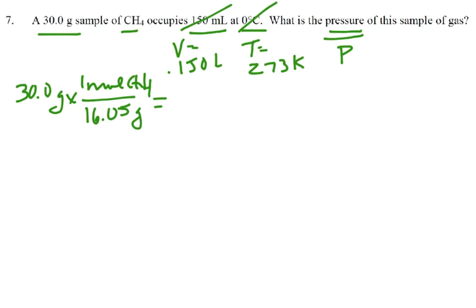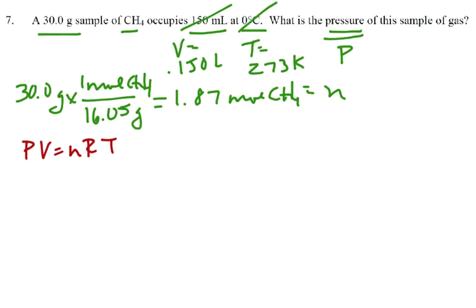And when we use that value, we get 1.87 moles of methane, and that's our N. So now we're just going to go back and do the problem. So PV equals nRT. We're looking for the pressure. So pressure equals nRT over V.